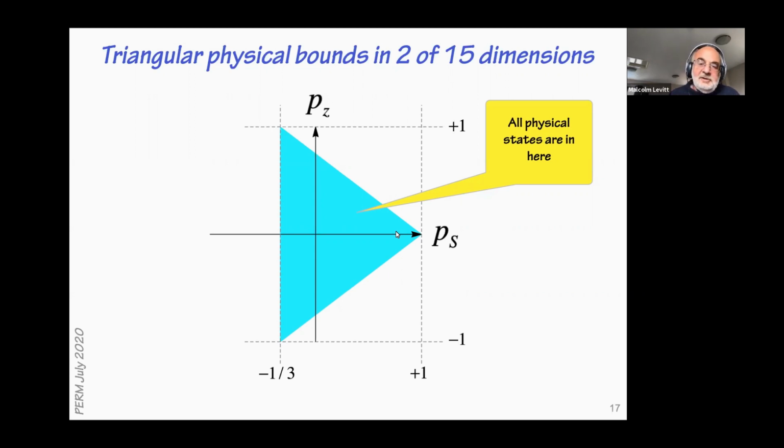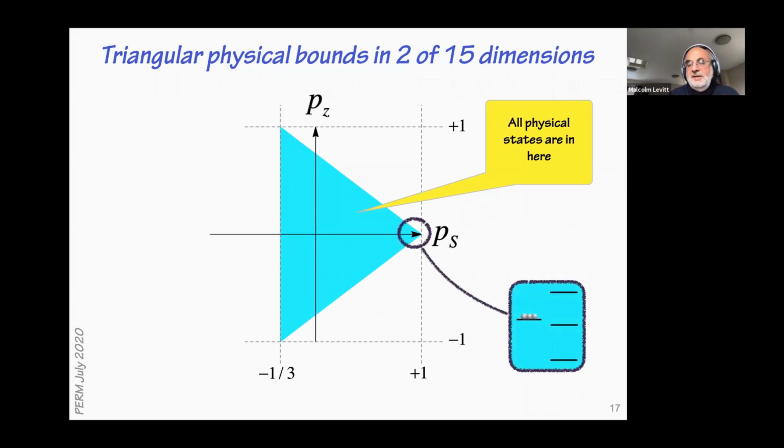And the physical interpretation of these points on the triangle are pretty straightforward. So maximum singlet order has everything in the singlet state. Maximum Z order has everything in the lowest spin state.